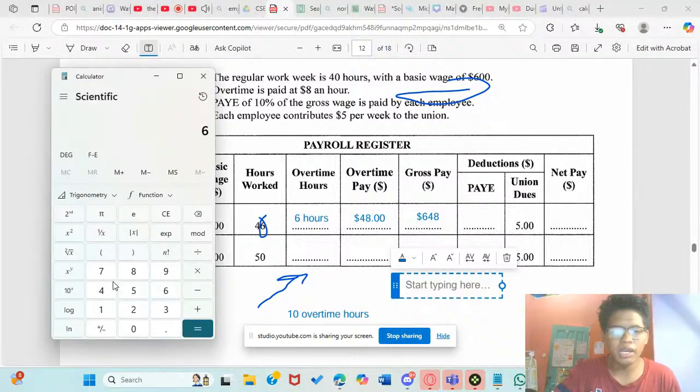You just have to think 648, because that's the gross pay, times 10, then divided by 100.